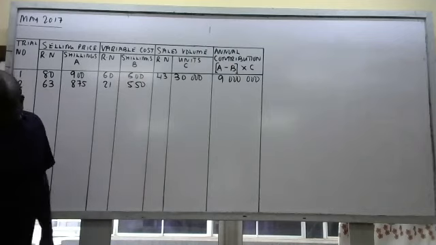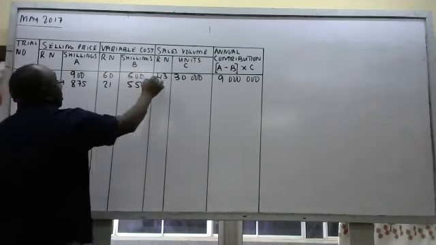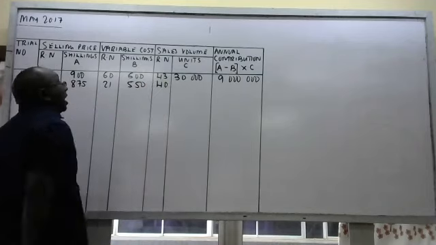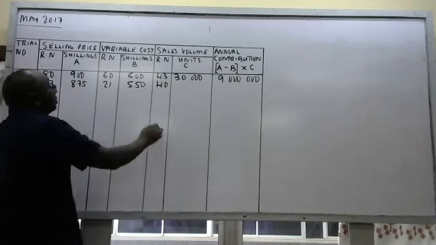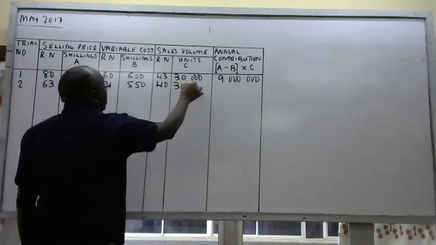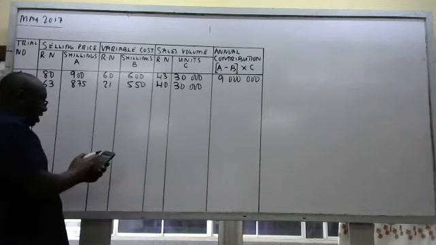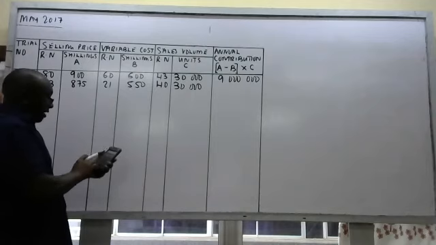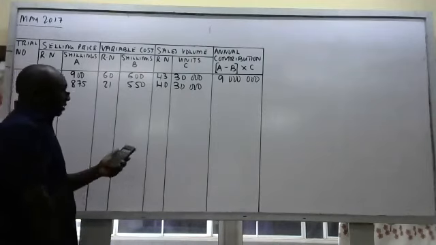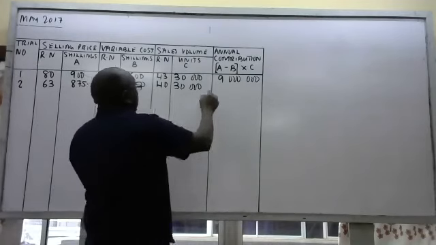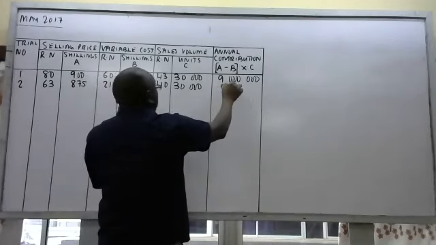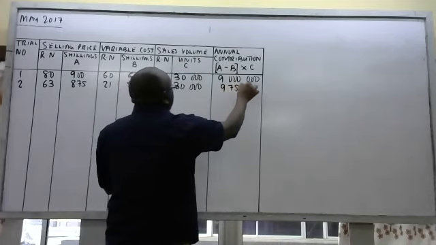The next after 21 is 40. Those are how many units? 30,000 again. So if you say 875 minus 550 times 30,000 is 9,750,000.